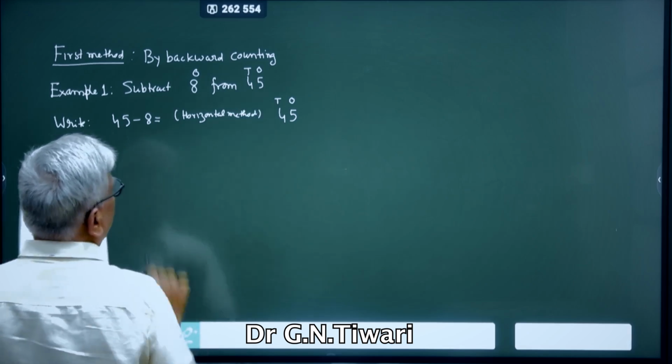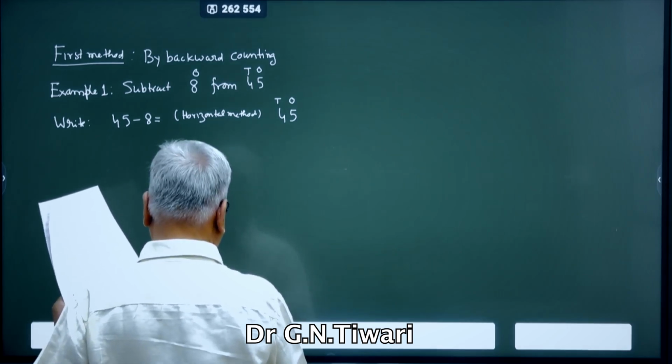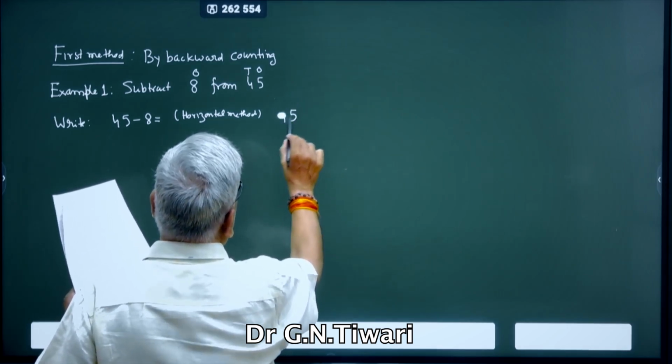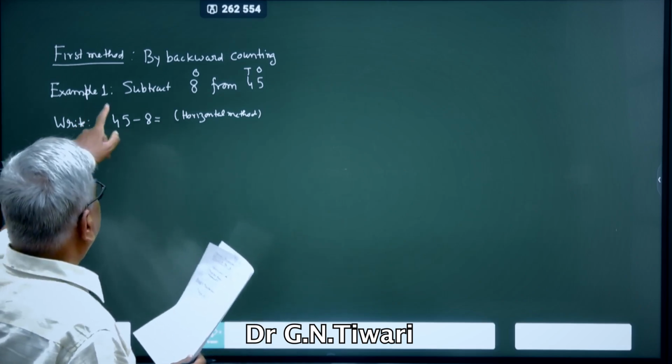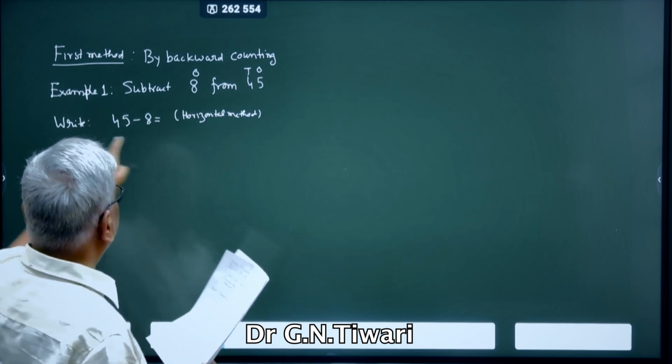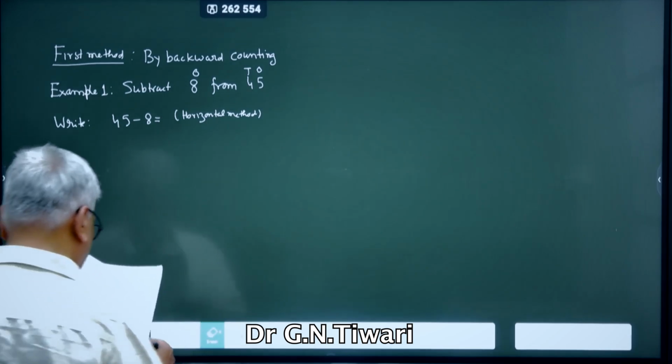If you write like this, it is very clear that subtract 8 from 45 should be written like this, horizontal method. Now step 1.